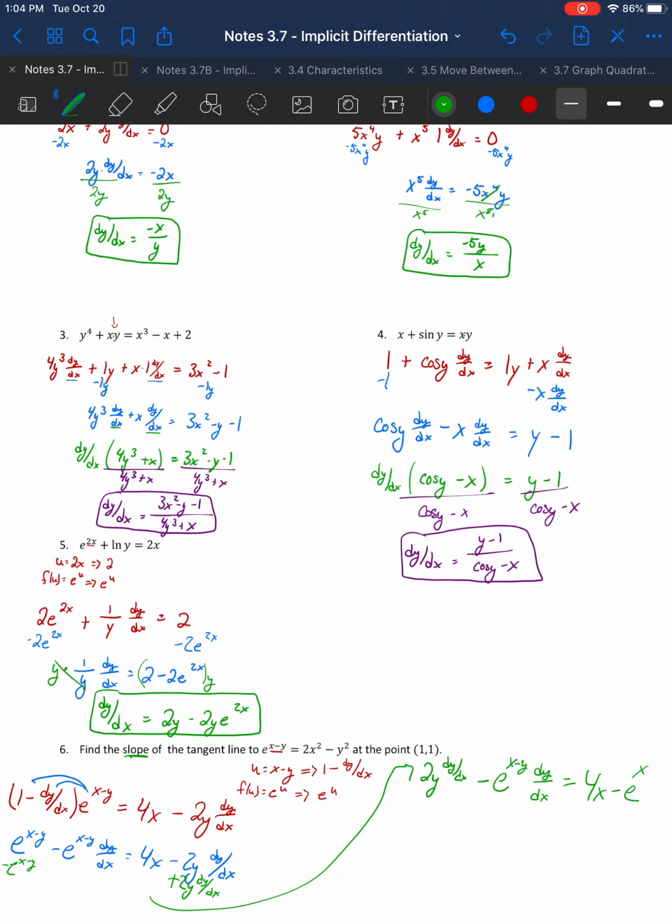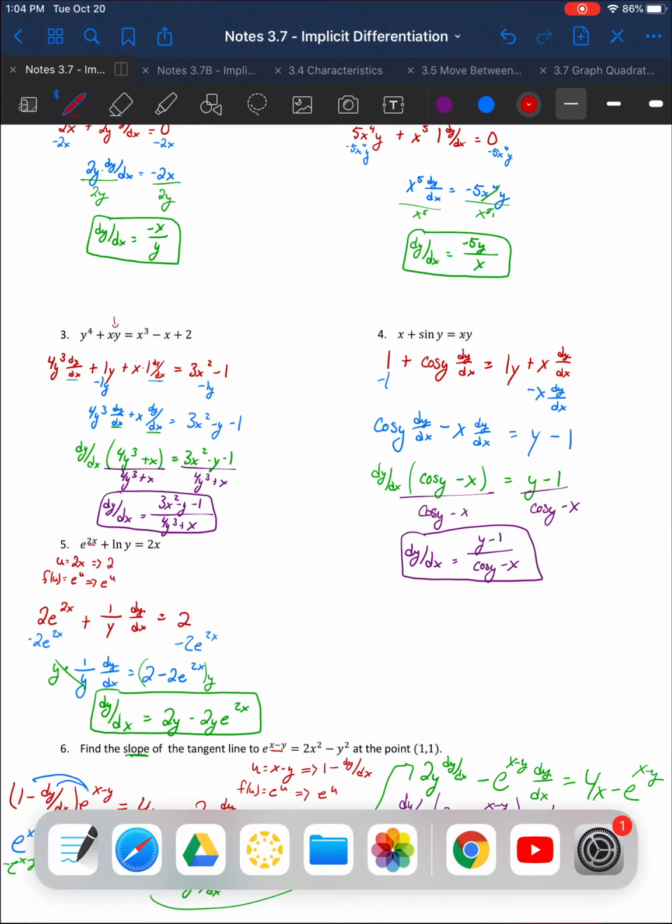Sorry, I didn't give much room, so I'm going to go right here. So I would have 2y dy dx minus e to the x minus y, dy dx, is now equal to 4x minus e to the x minus y.